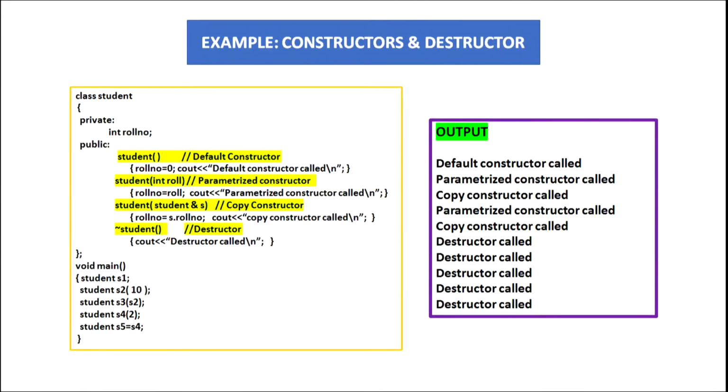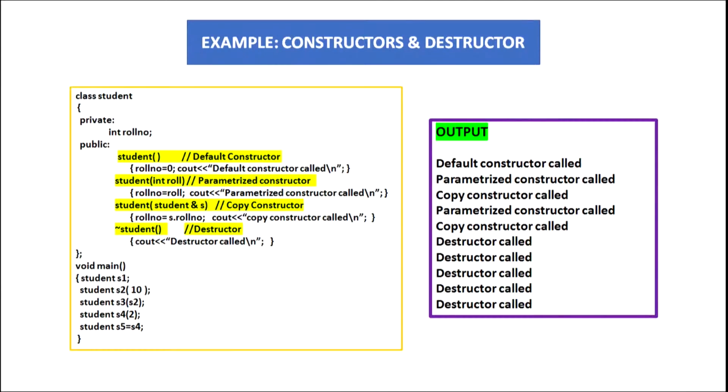Now, let us go to the main. In main the first statement is Student S1. As no parameters are being passed, S1 will call the default constructor. So, 0 will be assigned to roll number and the statement "default constructor called" will be displayed on the screen. As you can see in the output window, the first statement is "default constructor called".